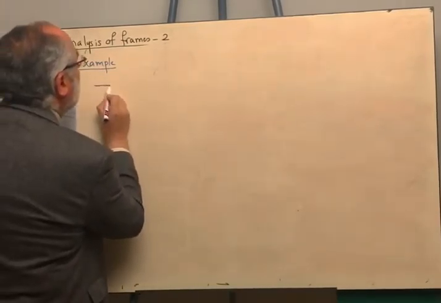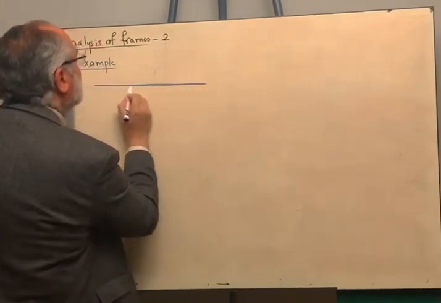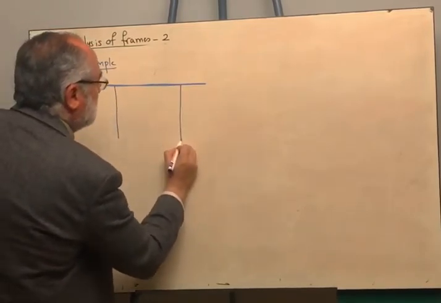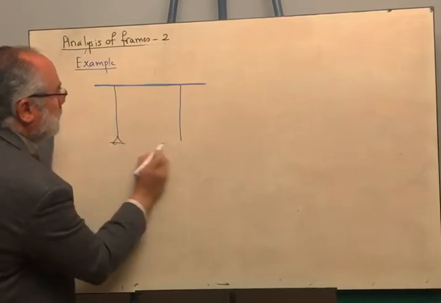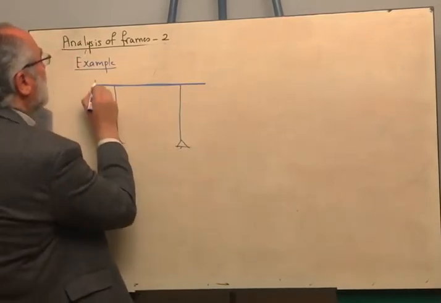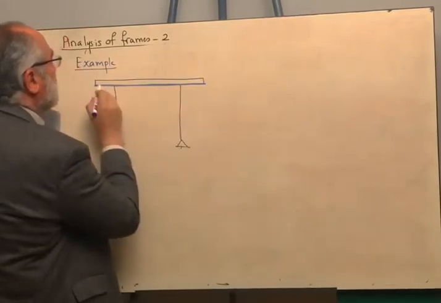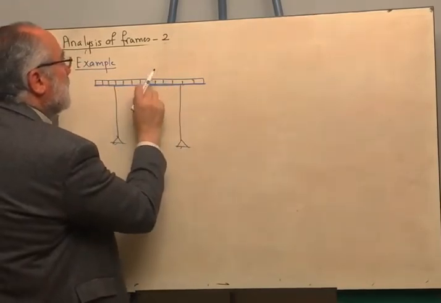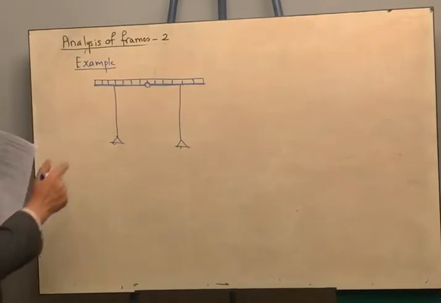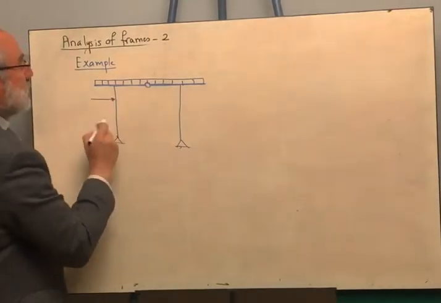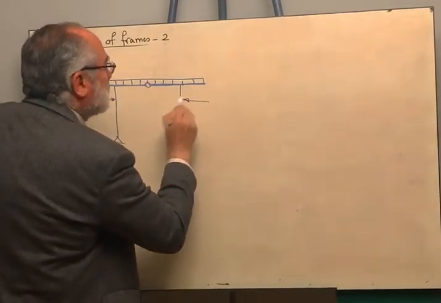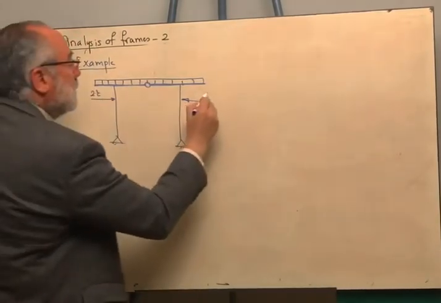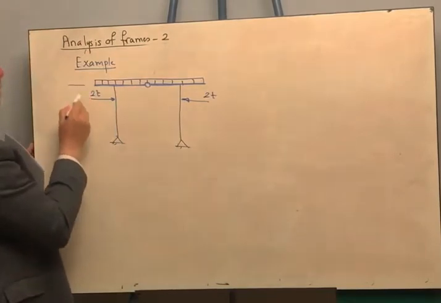We are having a frame like this. It's hinged support and hinged support, and we are having here distributed load. And we are having an intermediate hinge here, and we are having a concentrated force in this direction, 2 tons and 2 tons.